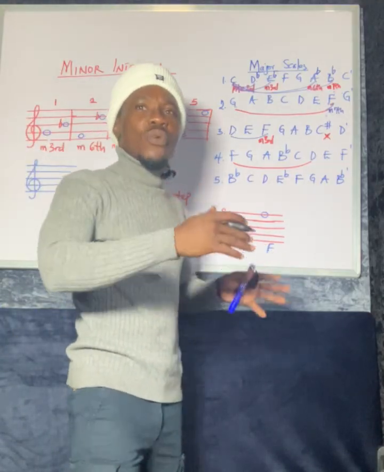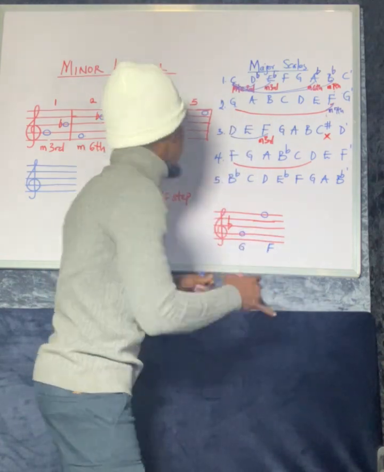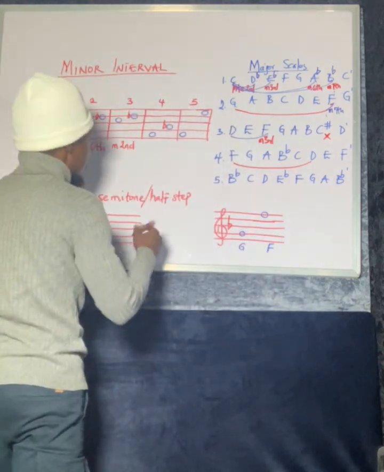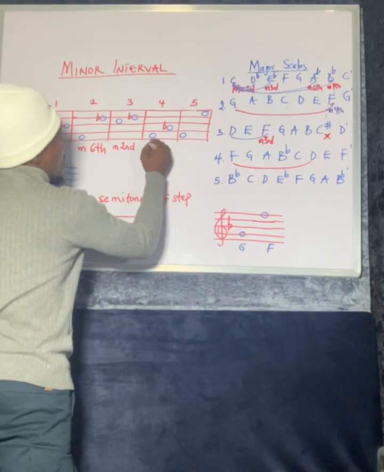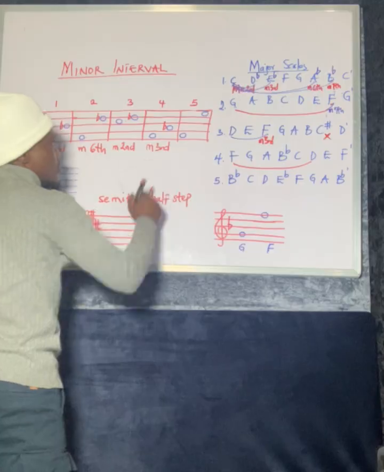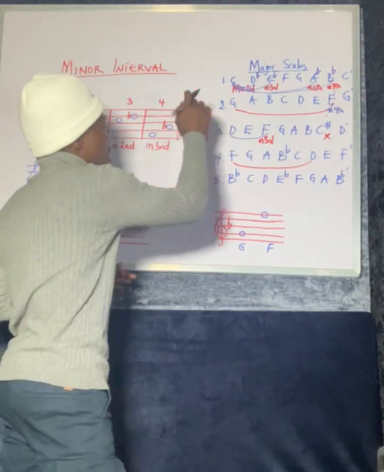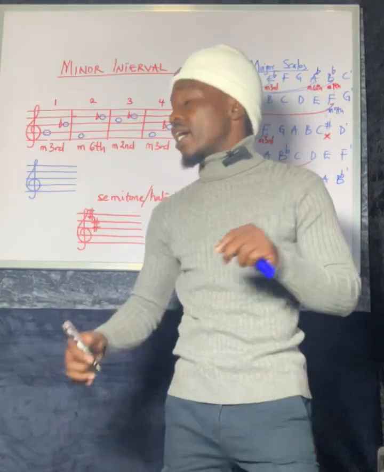And I said when a major is reduced, it becomes minor. So F to A flat is minor third. All right, are you getting that? Minor third.